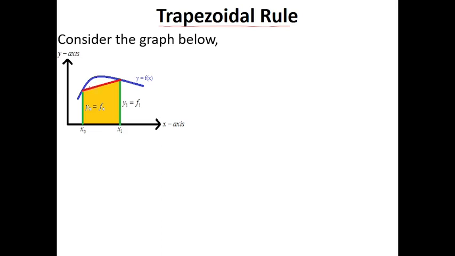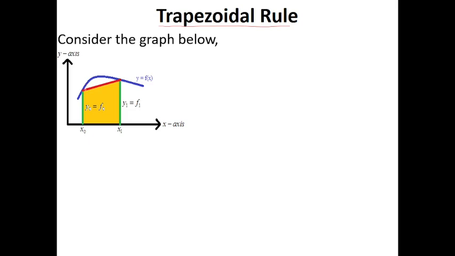The area under the curve of the actual function is approximated by the area of the trapezoid. So in this case, we're going to solve some problems in solving for the area under the curve that is approximated using the trapezoidal rule.